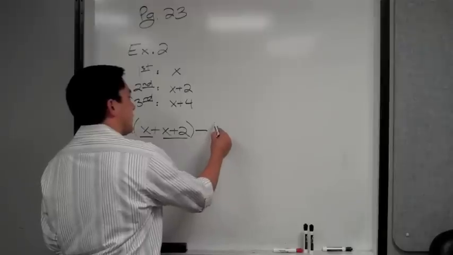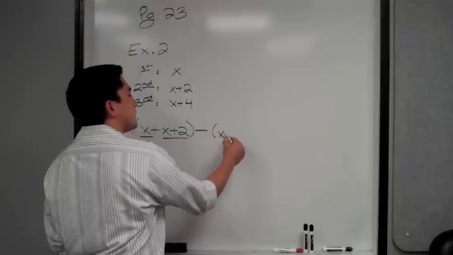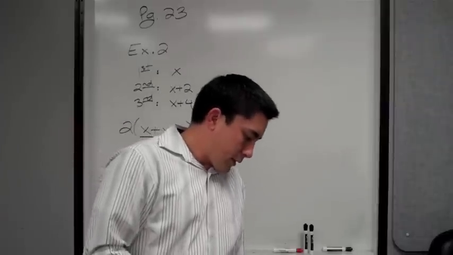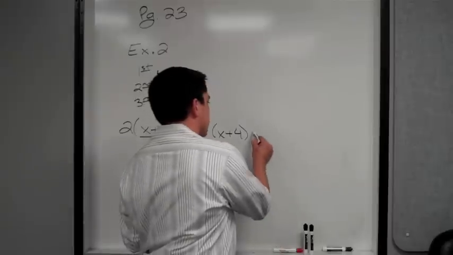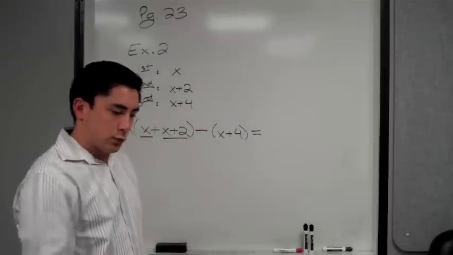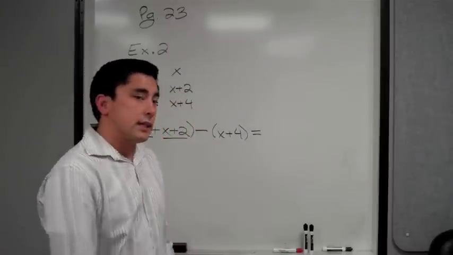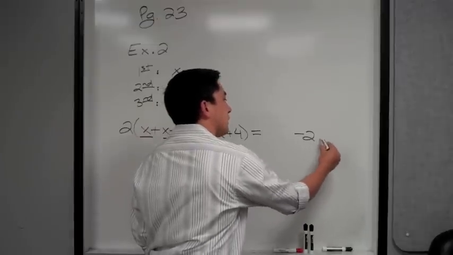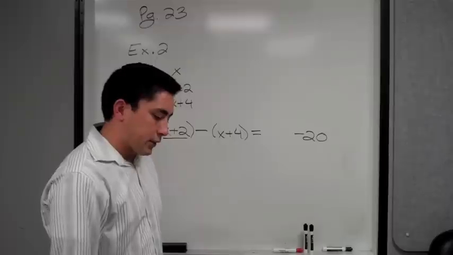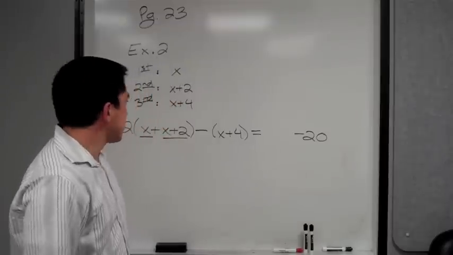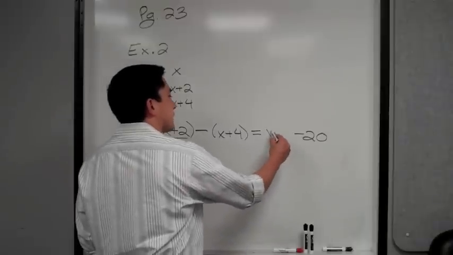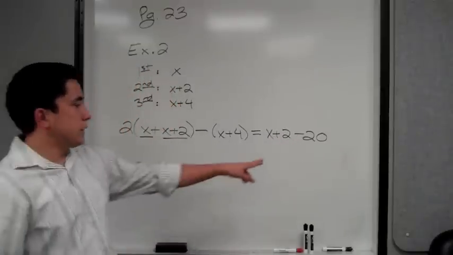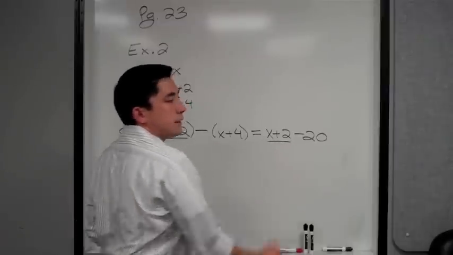Again, don't forget the parentheses. Decreased by the third is the same as equal, so you can put an equal sign. 20 less than. Since it says less than, we put the minus 20 over here. 20 less than the second integer, which in this case is x plus 2.